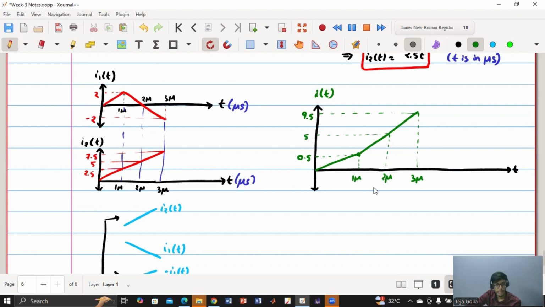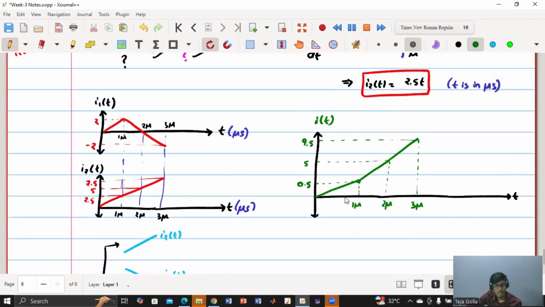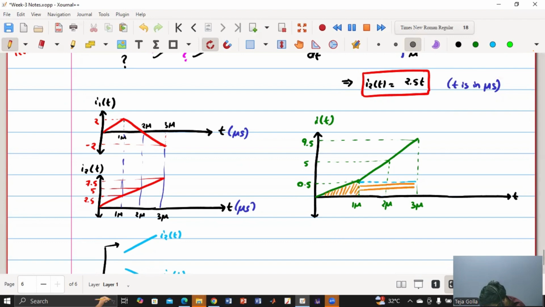Okay. So now what you have to do is find the area under the I of t curve. I'll break it into small parts. So we have this area, and then we have this horizontal area, and then we have this area.